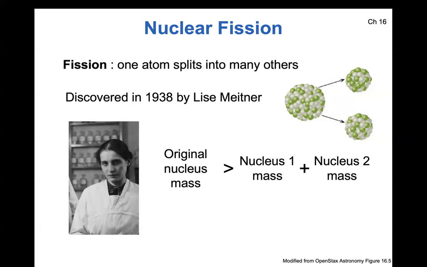They have more mass per nucleon. So when you split them into the smaller nuclei, the individual protons and neutrons now have less mass per nucleon. Remember, nucleon is a collective term for everything in the nucleus, namely neutrons and protons.